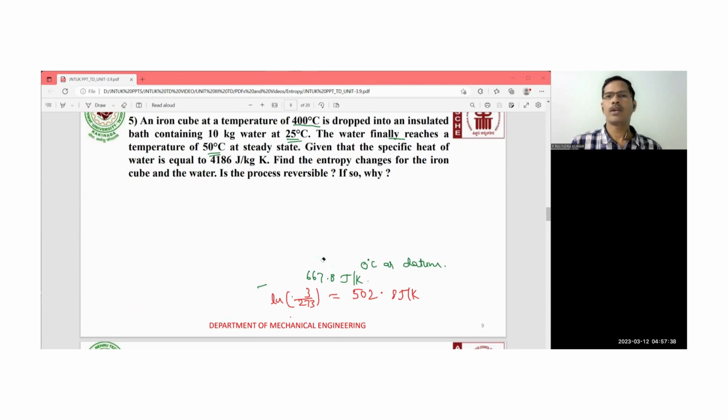Once this is over, then the other part, that is the change of the entropy for the iron cube.